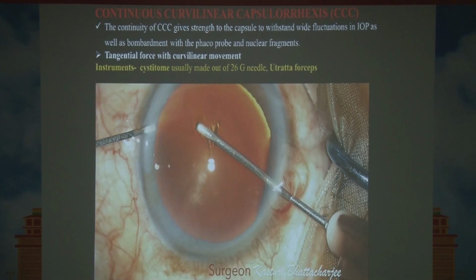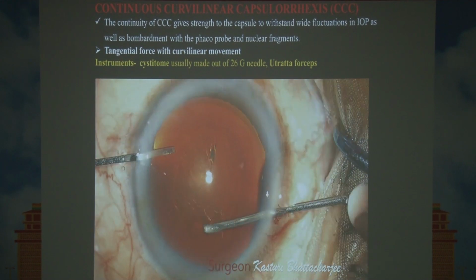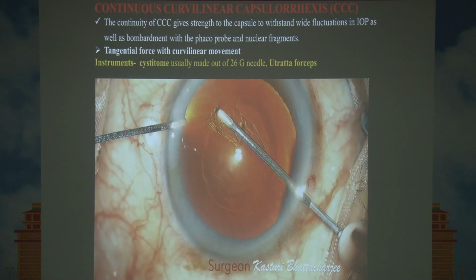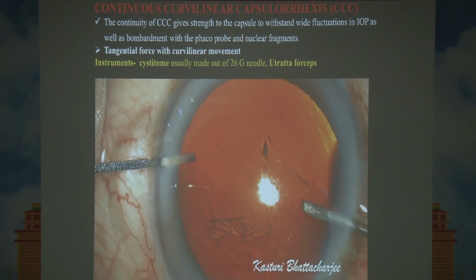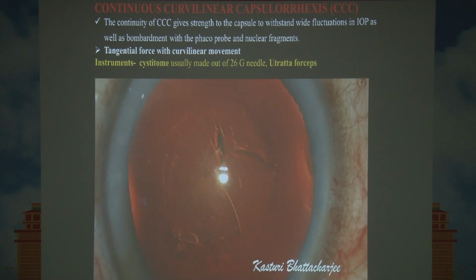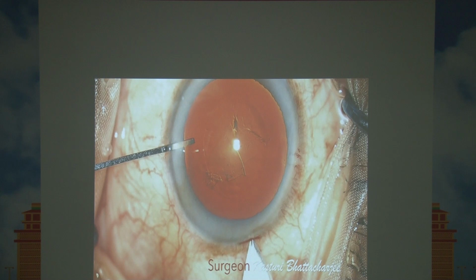Start with a tangential force and a curvilinear movement. There are different ways of doing it. Many surgeons prefer the forceps, but I usually like to use a cystitome. Once you do the capsulorhexis, almost 50% of the surgery becomes much easier. It is not necessary that it should always be round, but you should have a continuous one.